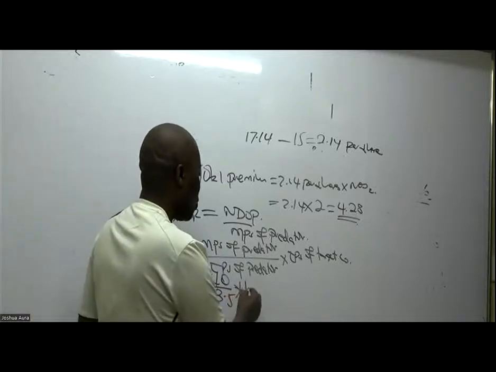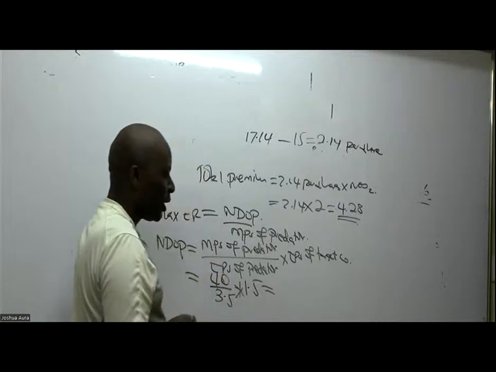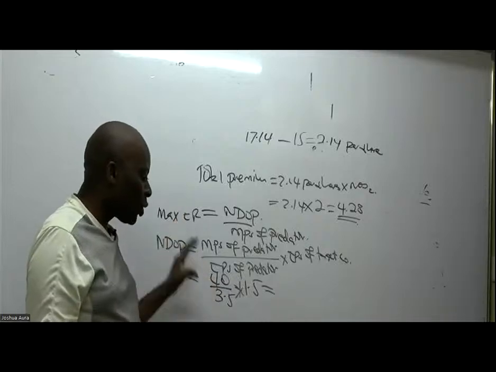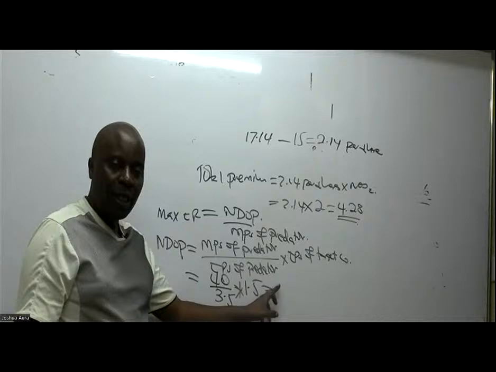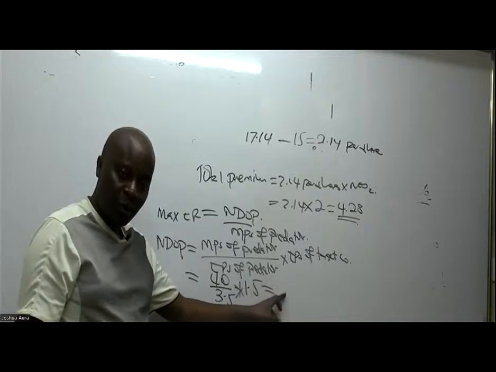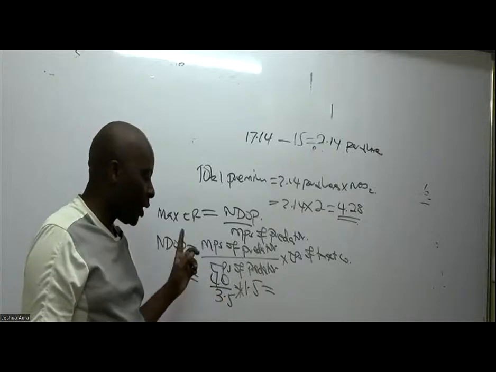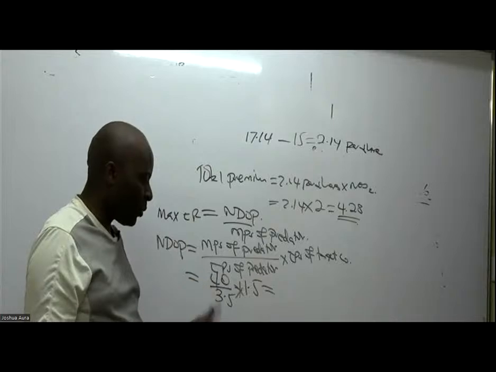Please ensure that as you get this answer, if you want to be exact in terms of the number of shares that will be exchanged, if you're using this format, then ensure that you get your answer in the form of a fraction. Don't get something like 17.14. It has to be in the form of a fraction. And how do you get this in the form of a fraction? It's 40 divided by 3.5 times 1.5.